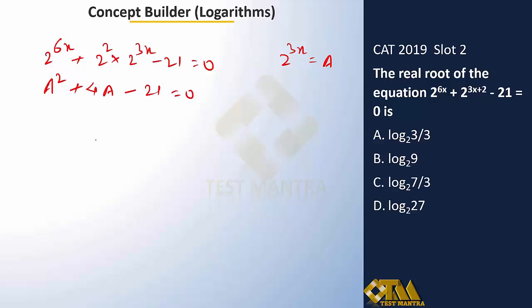Right, so the values are nothing but a will be minus 7 and 3. These two are the roots available here. In other sense this should be equal to 2 raised to 3x.